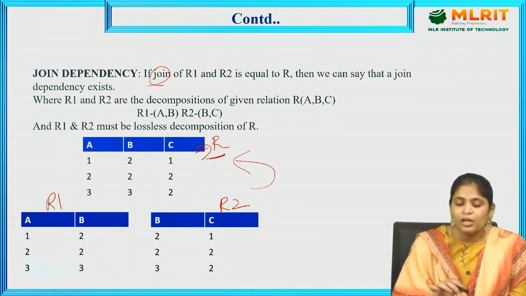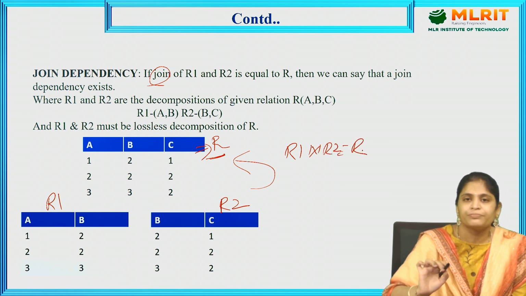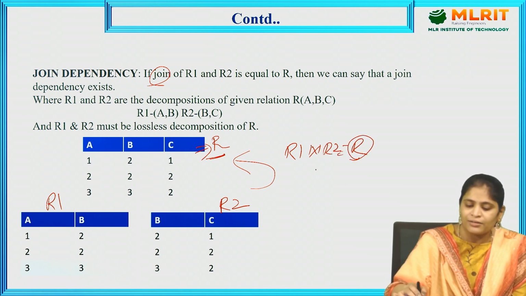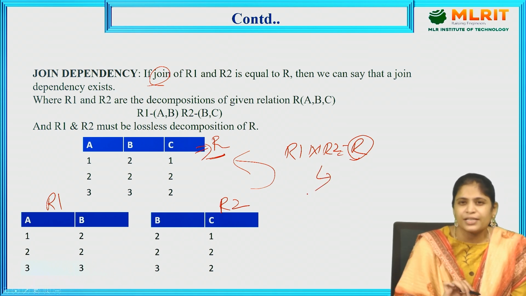If we get R after joining these two, then we can say that it is lossless decomposition.